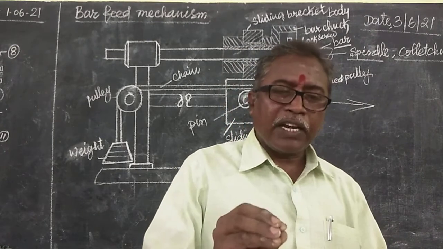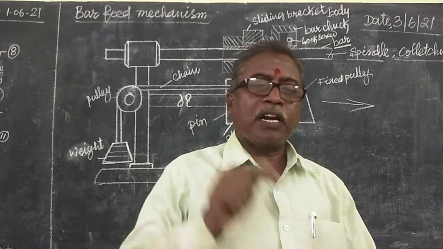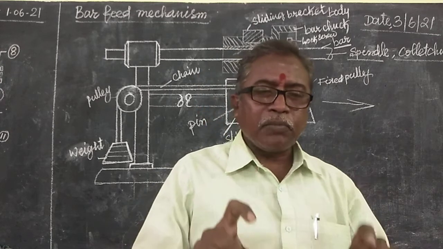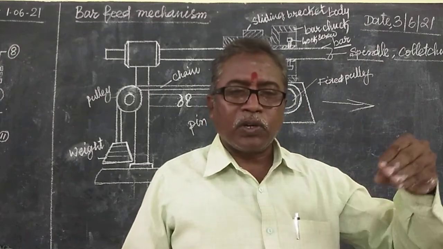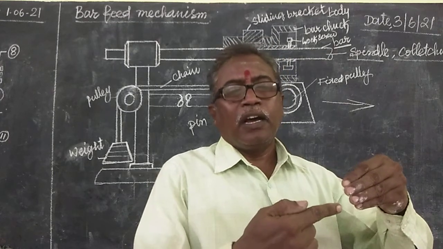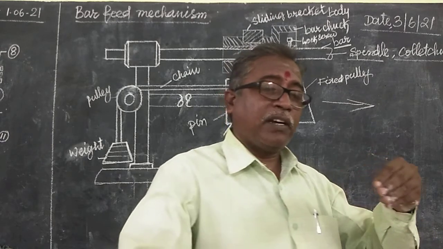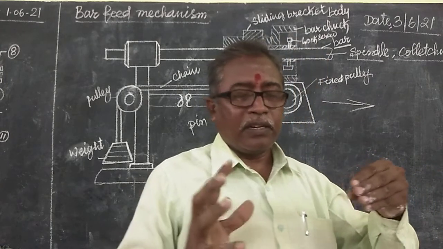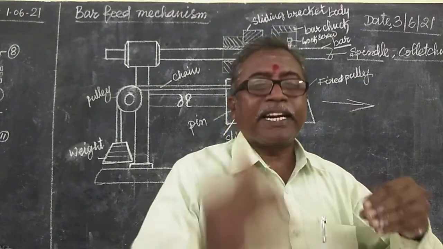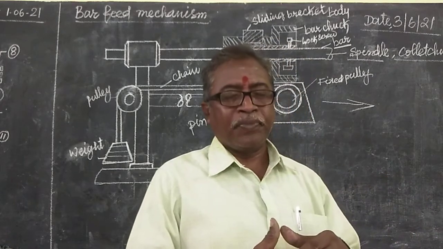Why is the name box turning tool given? There is a box, and the machining rod passes through it. In that box, one side gives support like a steady, and the other side the tool cuts the material. You have seen the traveling steady, which also moves along with the job.